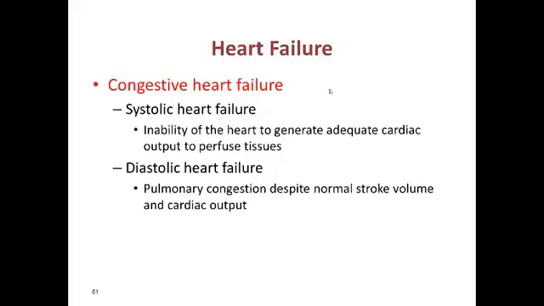Or, if that's not limited to that, you can have an increased right heart work, which leads to right heart failure. You get a backup of this flow. You get fluid back up into the jugular venous distension, edema, and ascites.